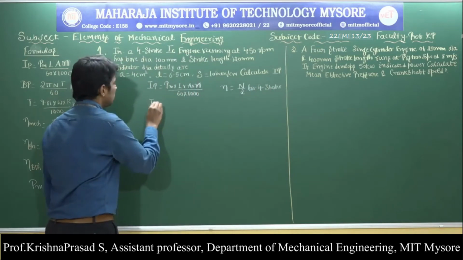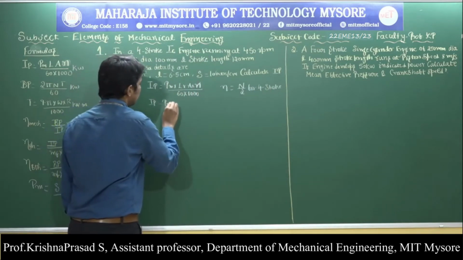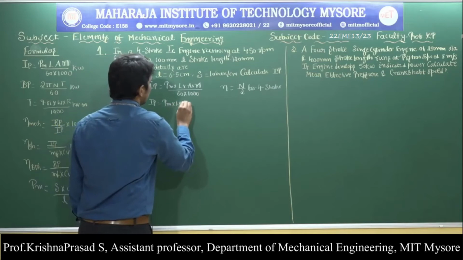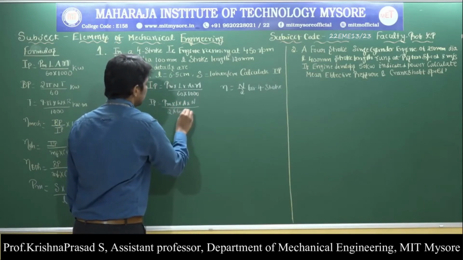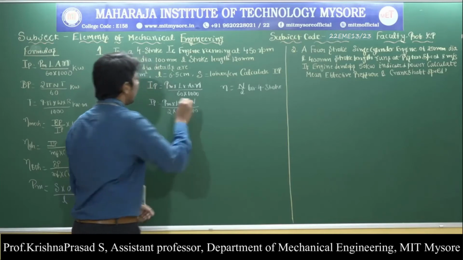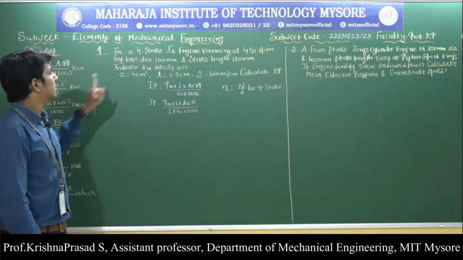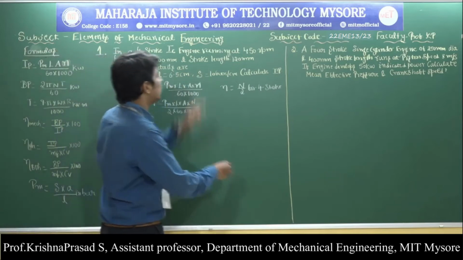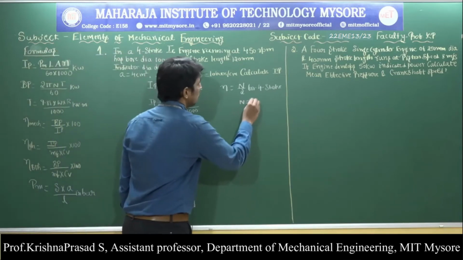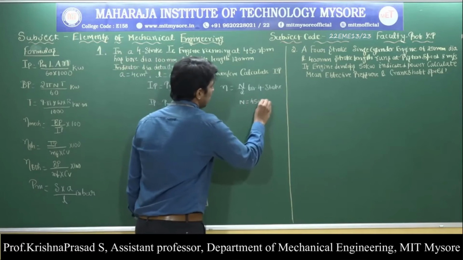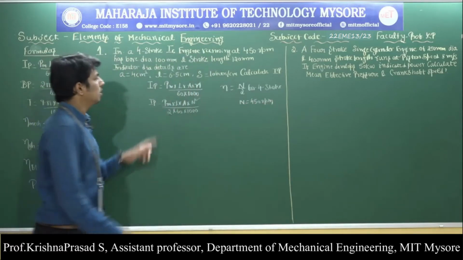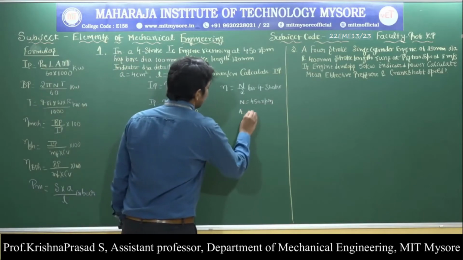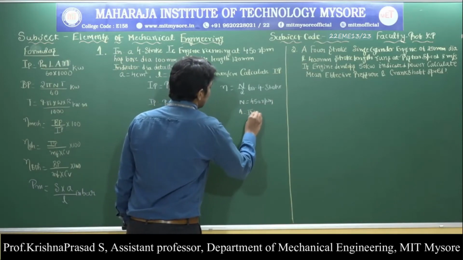Therefore, the formula becomes PM into L into A into N by 2 into 60 into 1000. So what are the data given? Here the engine is running at N equal to 450 rpm, that is N is given. Then area I can calculate, that is pi by 4 into d square.